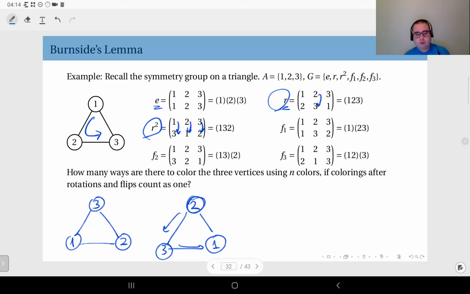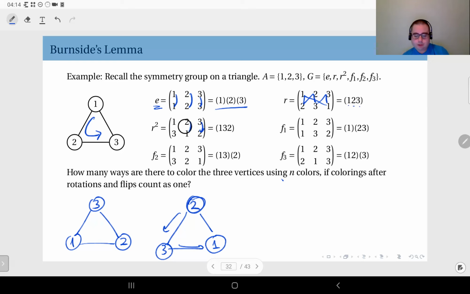And it's good to write also these in cycle notation. And you see in this one, 1, 2, and 3, they all go to themselves. So we have 3 cycles of length 1. In the rotation, we have 1 to 2, 2 to 3, 3 to 1, and so this is a single cycle consisting of 1, 2, 3.